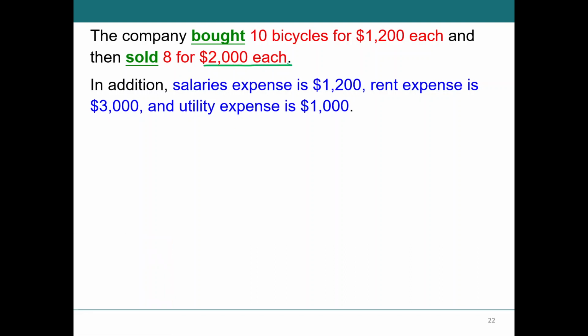So this is the selling price. So what does it mean? You purchased 10, sold 8. And 1,200 is your cost of inventory.